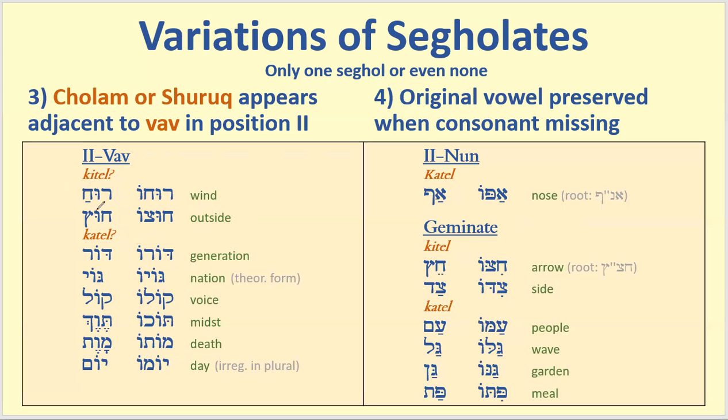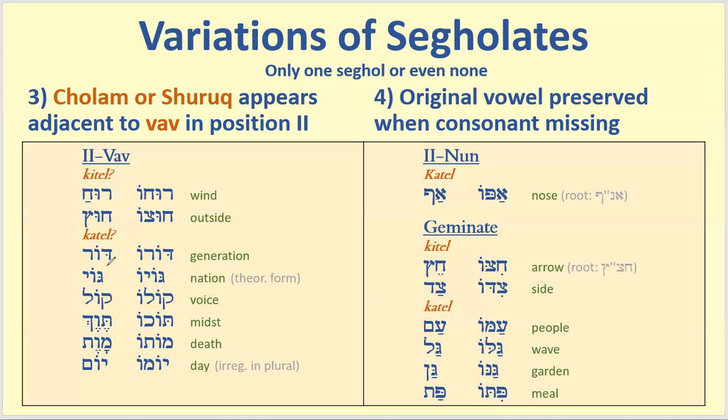Now I want to draw a distinction between the first group, where the suffixed form has an oo sound, and the second group, which has an o sound in the suffixed form. Because of this vowel distinction, o instead of oo, that's what leads me to believe that the first group was probably kittel originally, and the second group is katel. Why? Well, because the ah sound followed by the original w of a vav would make an aw sound, which in biblical Hebrew turns into an o sound.